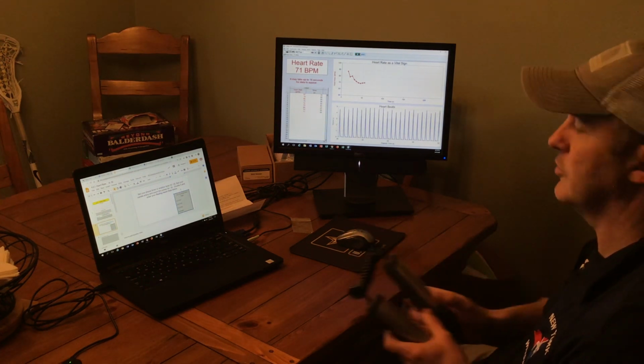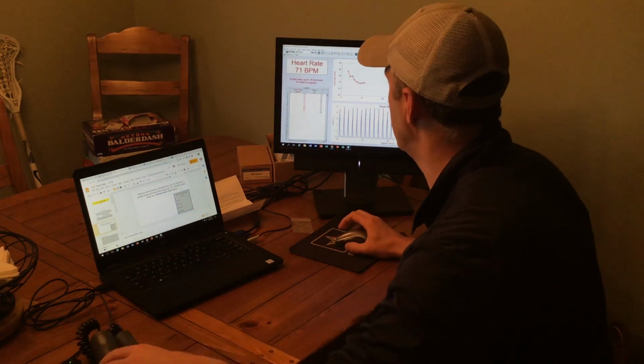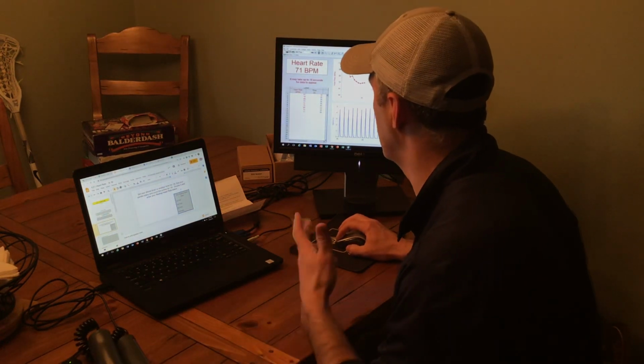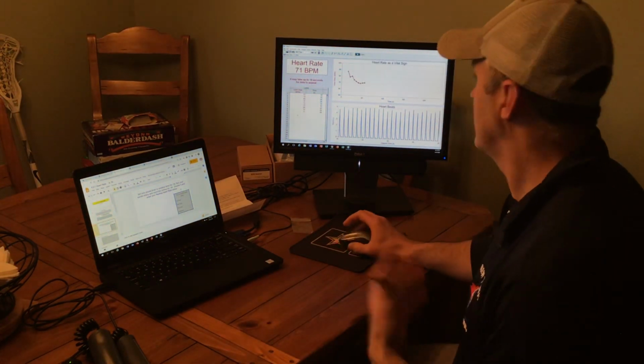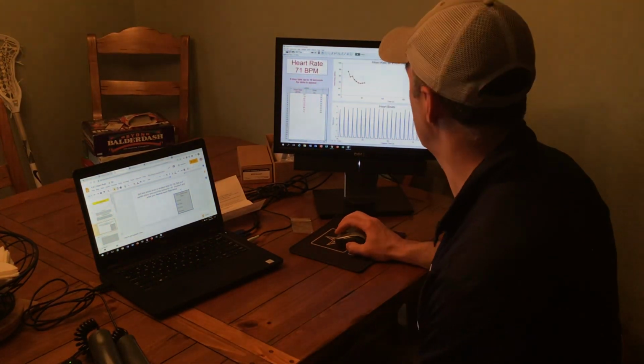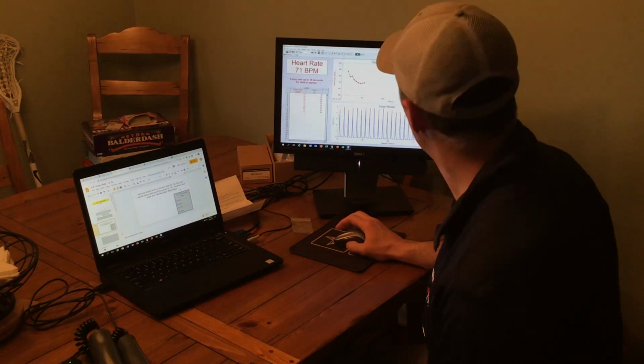Now 60 seconds are up, and you can see that my heart rate started around 87, 79, and it came down to where it was when I tested it manually. Could be because I'm talking, demonstrating.